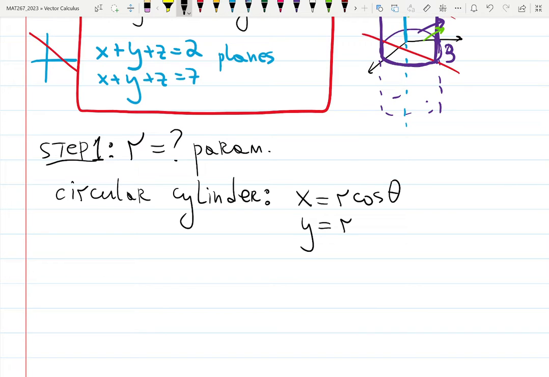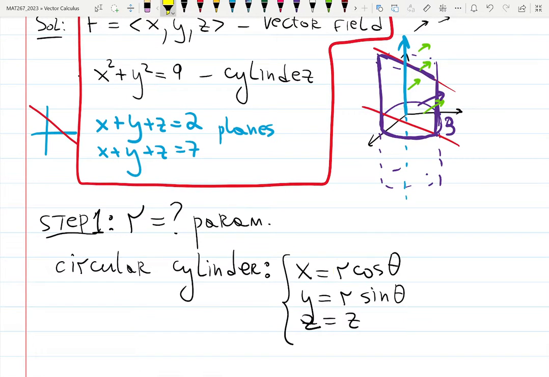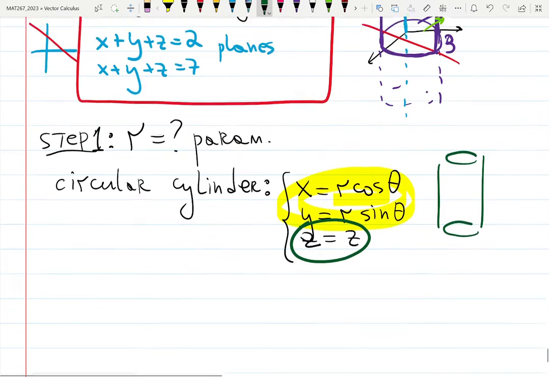Y equals r sine theta. And what to do with z? Do you remember? Just keep it z. That's what we agreed before for the cylinders. So it's a circle, a circle in 2D, that is growing up and down forever and creates a cylinder. Here it is. This is how it looks, right?